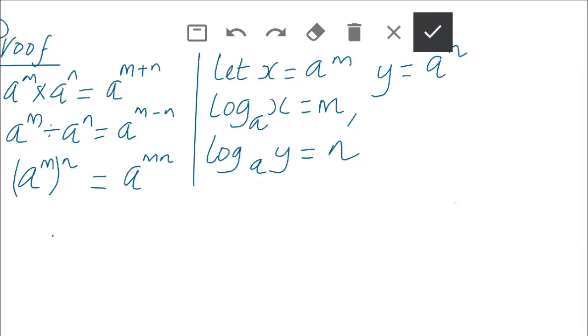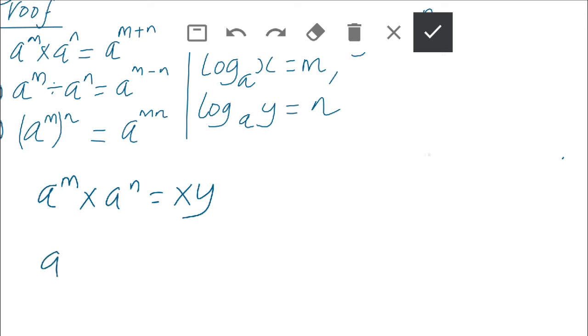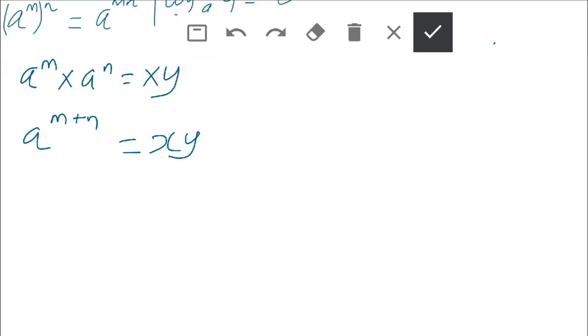Therefore a power m times a power n equals xy, and we can combine what we have on the left hand side, we shall have a to power m plus n, and that is going to be equal to xy.